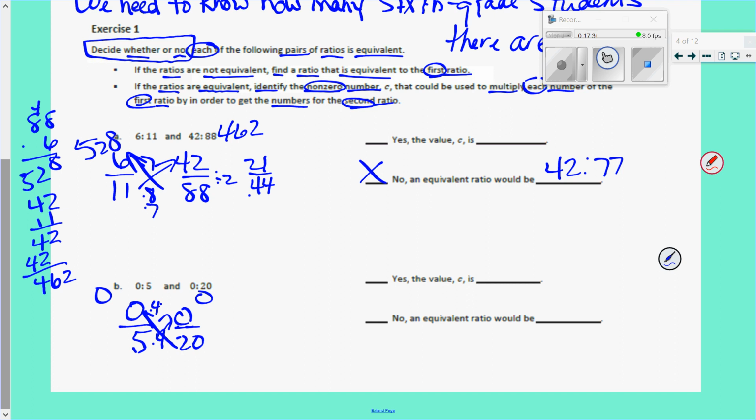Okay, what's our third way? Simplify, right? Can I simplify 0 over 5? Can I divide them both by 2? No. By 3? No. By 5? Yes. Can I divide 0 by 5?